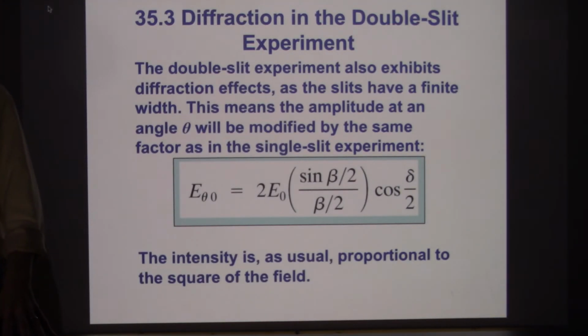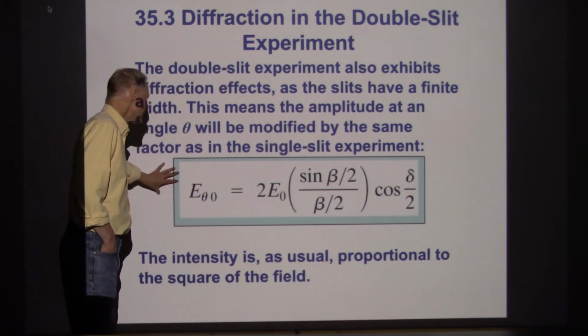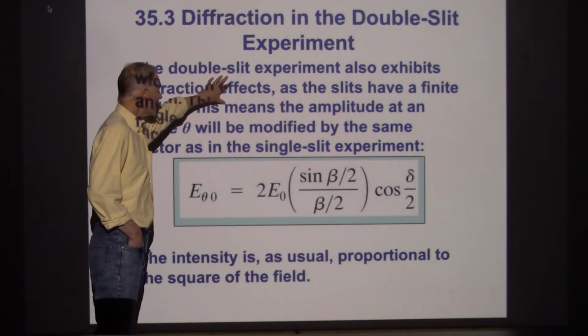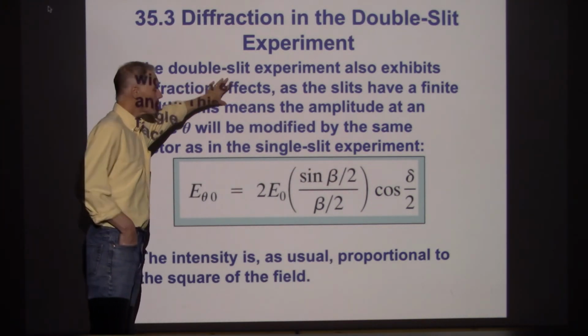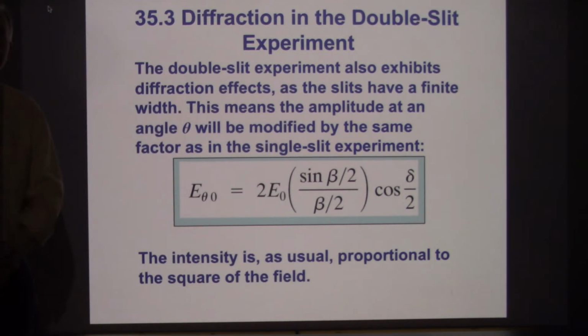So they're using beta, which is how much phase. Now what they've done in this formula right here, and they've made a big deal about it, is that they've gone back and done the double slit. So we have 2 slits now, not 1, and they've included diffraction. So they've included both effects. The 2-slit effect is here, and the diffraction effect is here. Both types of interference are happening together at the same time.